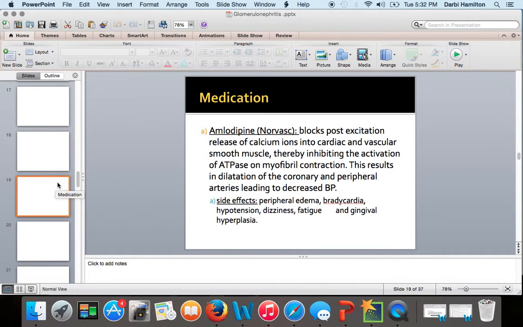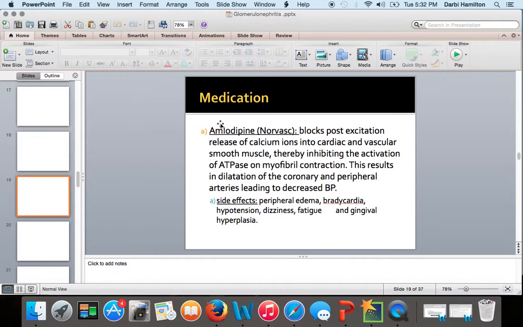The second medication that is used in treating the elevated blood pressure is amlodipine, also called Norvasc. Its action is that it blocks post-excitation release of calcium ions into cardiac and vascular smooth muscles, thereby inhibiting the activation of ATPase on myofibril contraction.